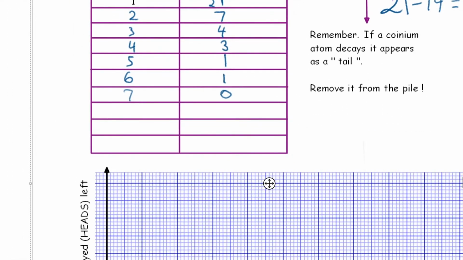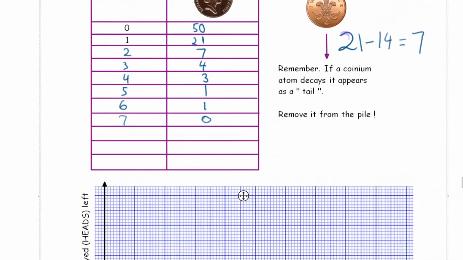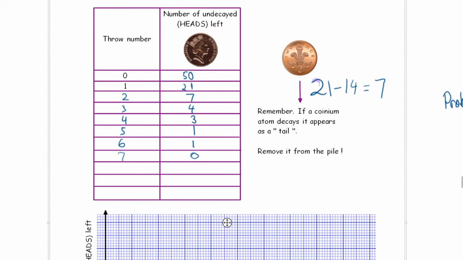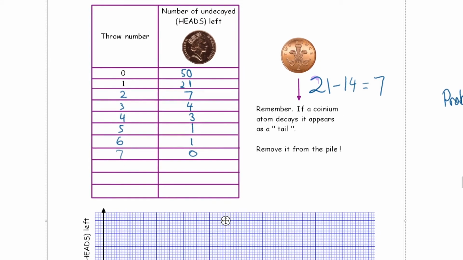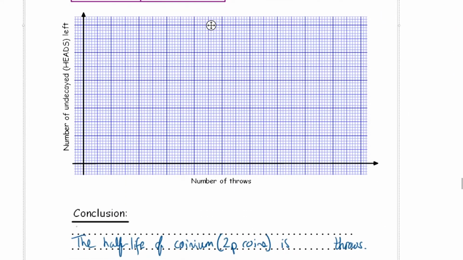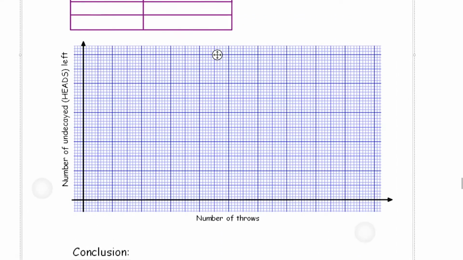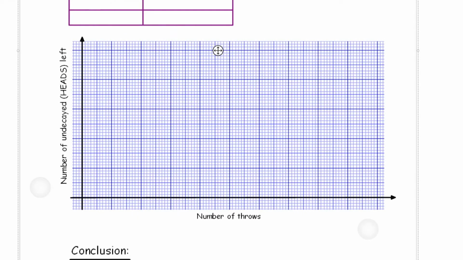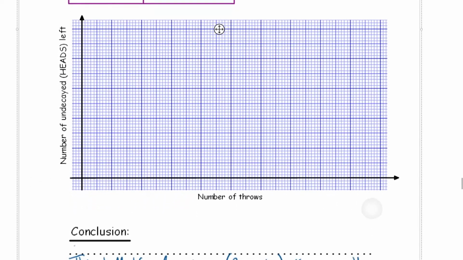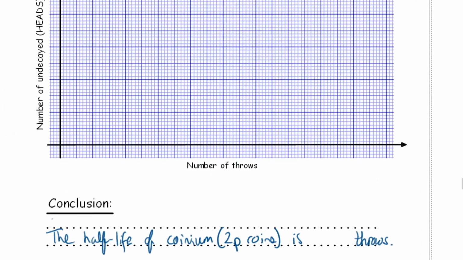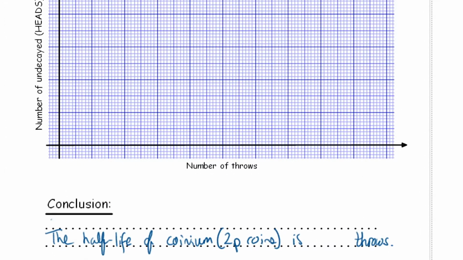Your task now is to plot a graph of number of throws against number of undecayed heads. Axes have been drawn for you. You need to use now an appropriate scale on both the horizontal and vertical axes, and then I want you to work out the half-life of coinium, 2p coins, and write in here what you think a half-life is.